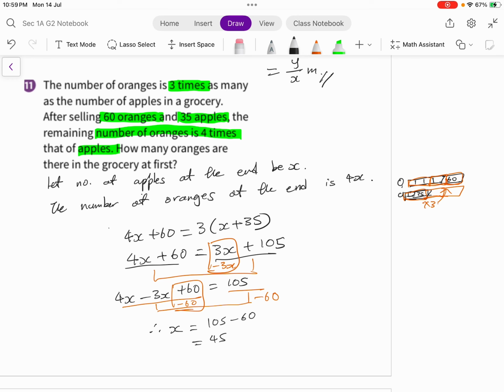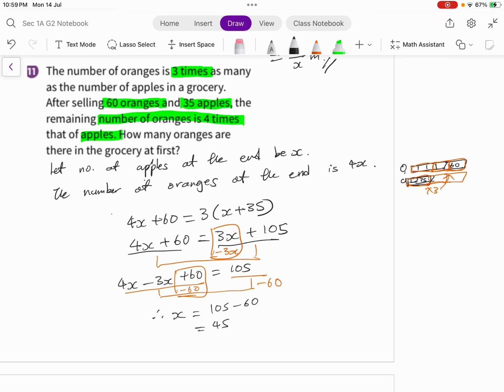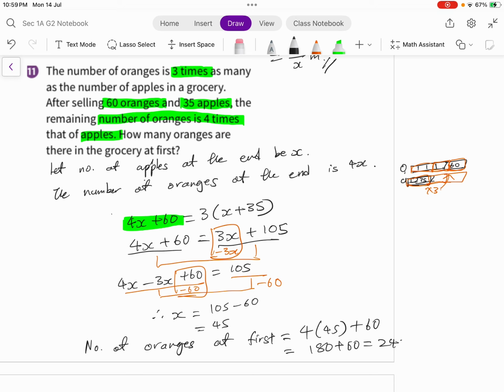Okay, so how many oranges are there in the grocery list at first? Since now we know that x is equal to 45, the number of oranges at first equals, we are going to use this equation because this is the original number of oranges, 4 times 45 plus 60, which will give me 180 plus 60, 240.